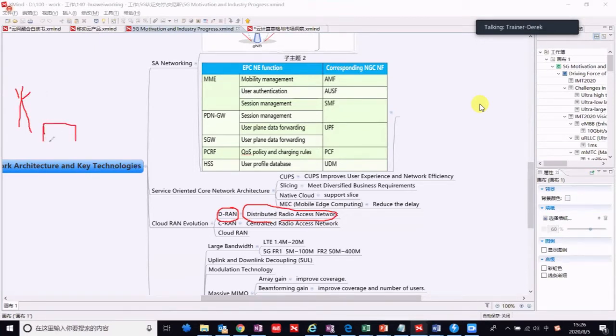In the machine room, there are BBUs, and this is the RRU on the tower. And in our city, there are many RRUs. There are many base stations.